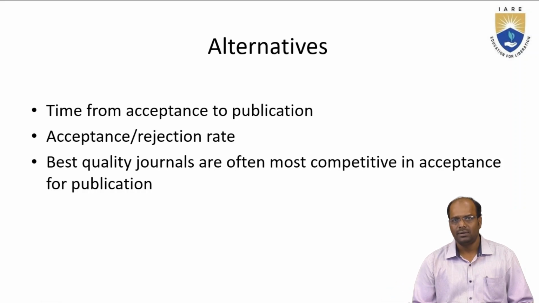First we need to cross check that articles relevant to yours are available within that journal, and that your article is able to reach those standards. Then you reframe the article to that journal's standards, make it proper, and communicate it to that particular journal. Only then will the acceptance rate be higher than the rejection rate. And the best quality journals are the most competitive in acceptance for publication.